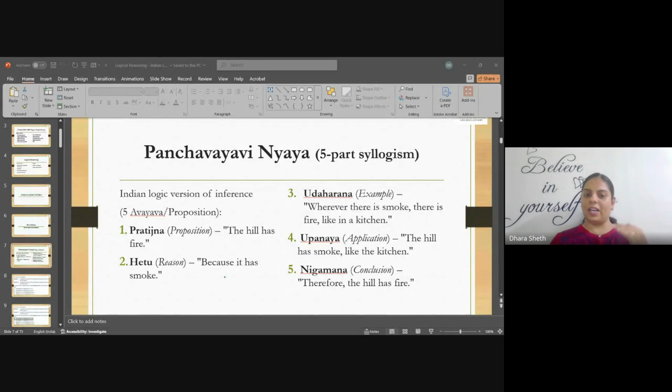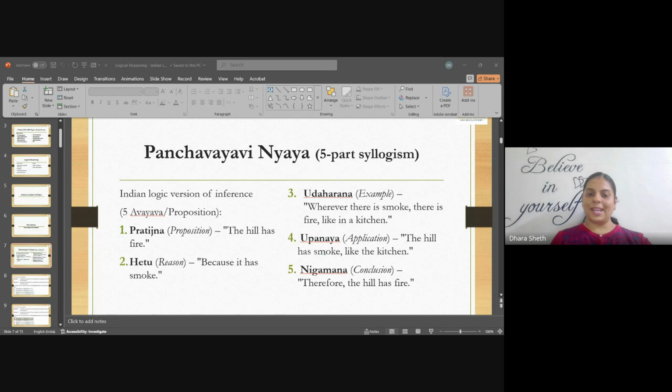We go by 5 avayavs. First, there is proposition that the hill has fire. Then we mention the reason, because it has smoke. The hill has fire because it has smoke. Then an example is given. Wherever there is smoke, there is fire, like in a kitchen.